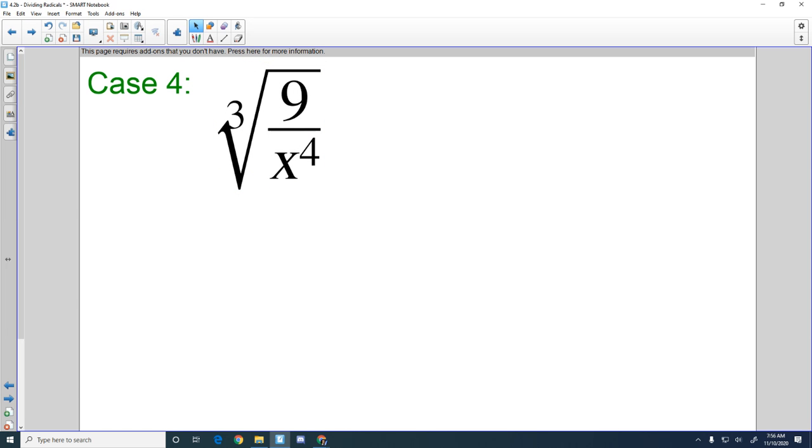So now I've got a radical over an entire fraction. This looks a little weird.